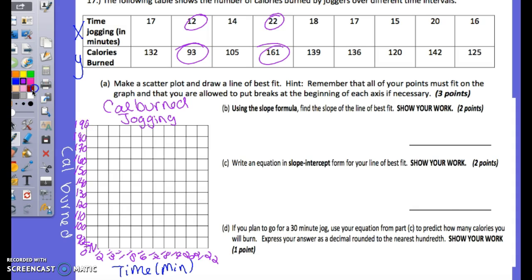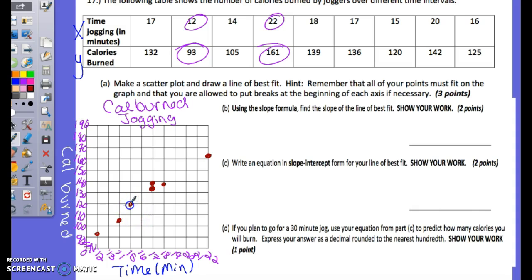And then let's plot. So we have 17, 132. It's going to be a little estimation. 17, 132 is about right here. Then 14, 105. 14 goes up to 105. 22, 161, so 22 up to 161. 18, 139. 17, 136. 15, 120.